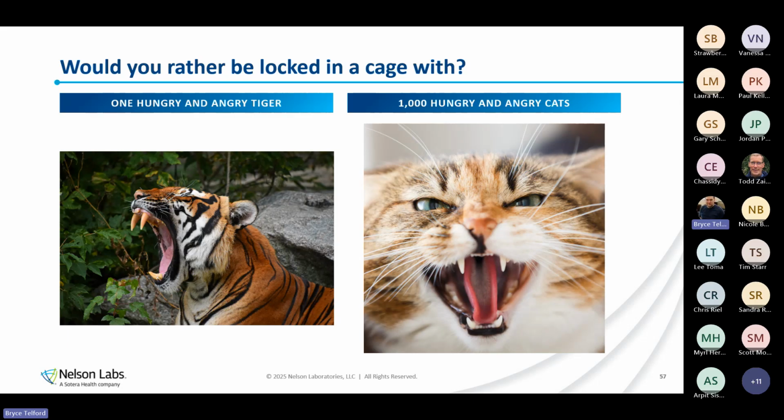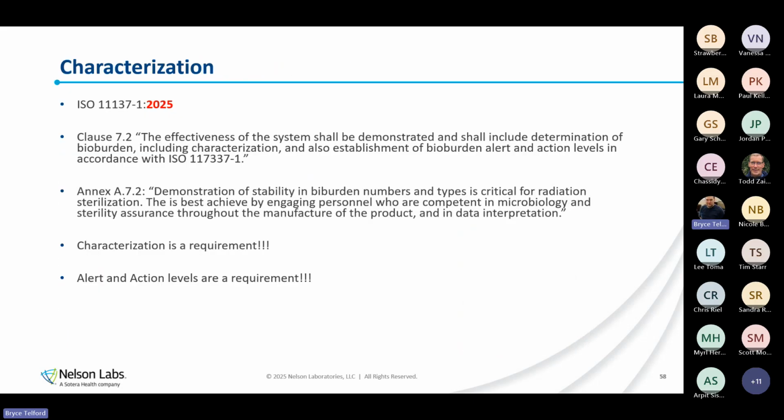That really gets us into characterization and why characterizing our bioburden matters. This is very relevant, as this is the new ISO 11137-1:2025 standard. This standard actually only came out a few months ago. When it comes to sterilization, the amount of bioburden and the types of bioburden matter.